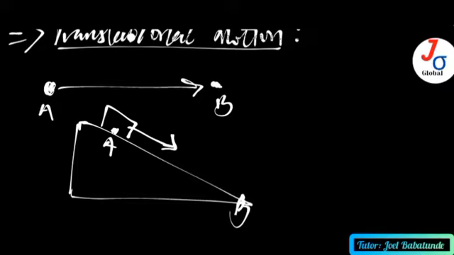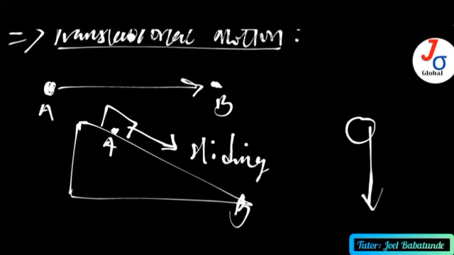So the block just slides over the plane. That movement from A to B is called translational motion. It's not rotating, it's sliding. Or a ball being thrown from a height coming down, or being thrown up going up, without rotating.